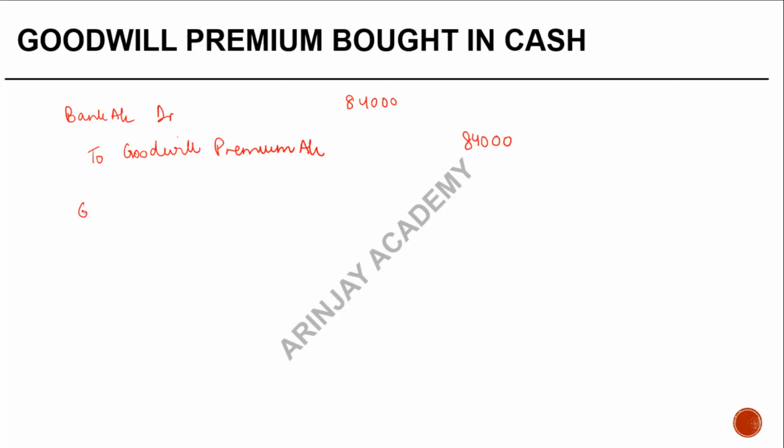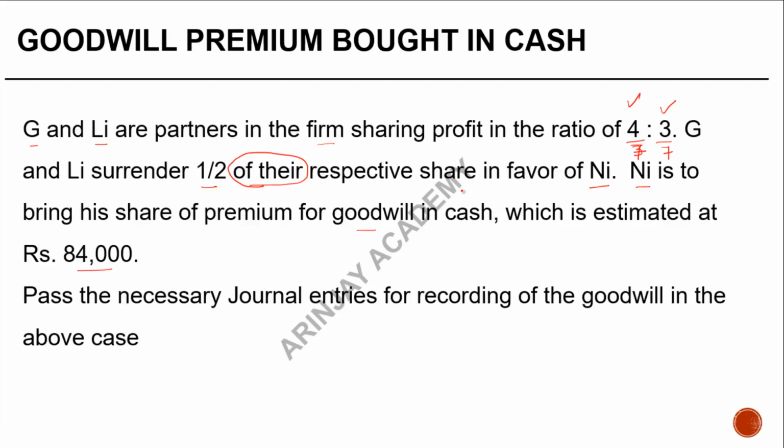The second is that the goodwill premium which was brought in, the goodwill premium account, has to be debited by 84,000. And this has to go to the existing partners in their sacrifice ratio.